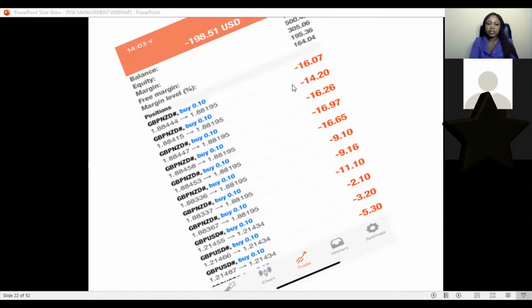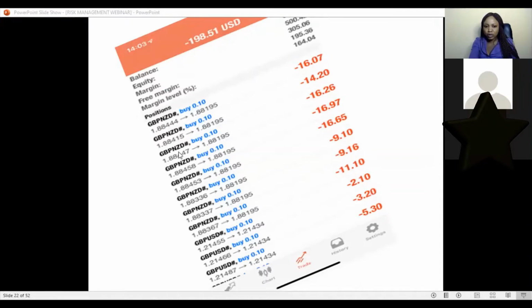Thank you very much. Now, can we really say high lot size? Well, yes, because if you look at the balance, the person is trading about $600, so it's using high lot size. But whether you use high lot size or not, if you are trading the same currency pair this many times, do you know this is GBP NZD?